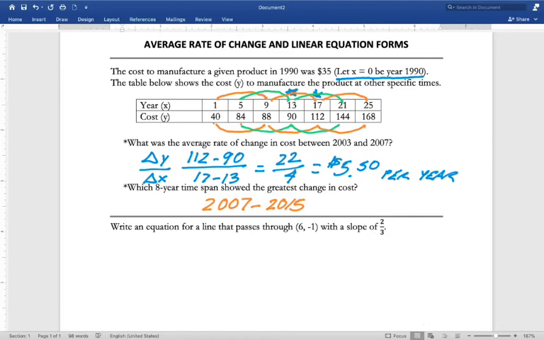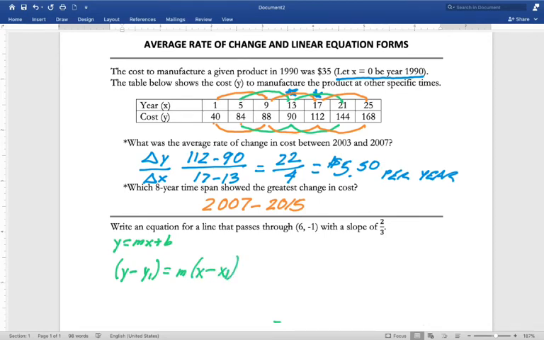All right. So the last thing with linear equations is we can use a couple different forms. One is slope-intercept form, one is point-slope form. So slope-intercept form is y equals mx plus b. Point-slope form is y minus y1 is equal to m times x minus x1.